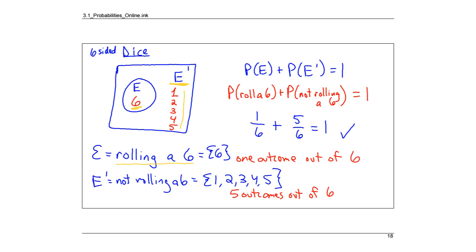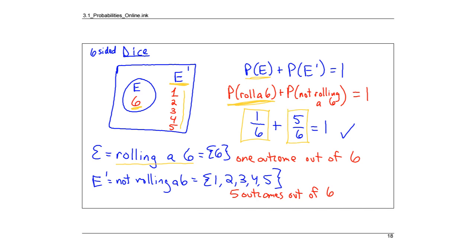And so if we look at probabilities, the probability of E, or the probability of rolling a 6, is going to be 1/6 because there's only one 6 on one side out of 6 chances. So the probability of rolling a 6 is 1/6. The probability of not rolling a 6 is everything else, and so there are 5 other sides.